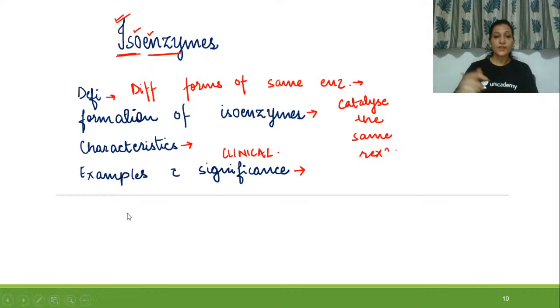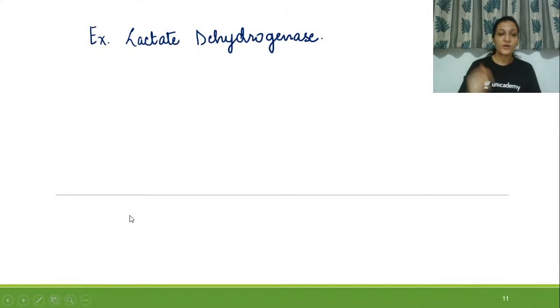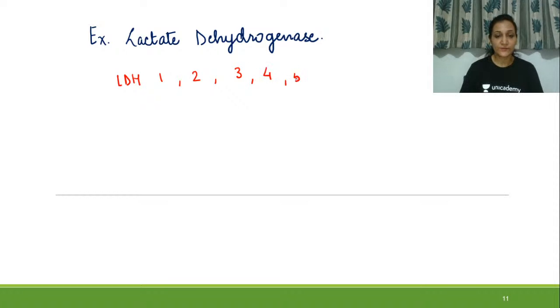So let's begin. First of all, let's begin with the example of lactate dehydrogenase. This lactate dehydrogenase has got 5 isoenzymes: 1, 2, 3, 4 and 5. These all are the isoenzymes of lactate dehydrogenase, and they all catalyze the same reaction.